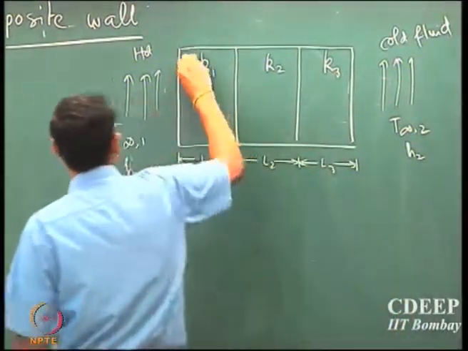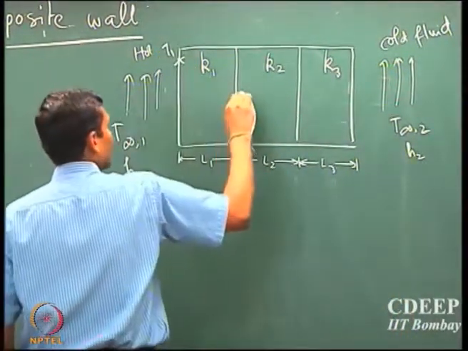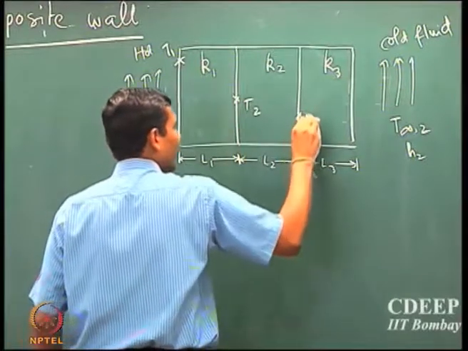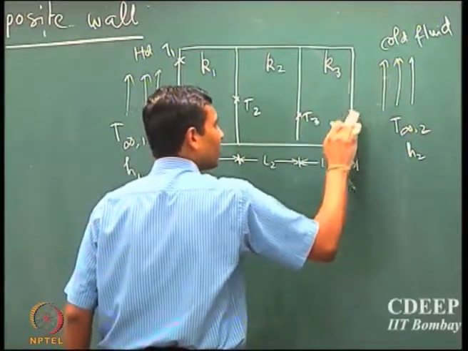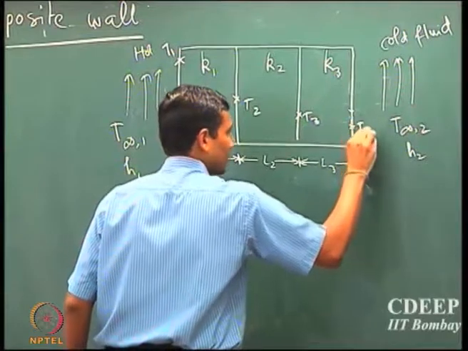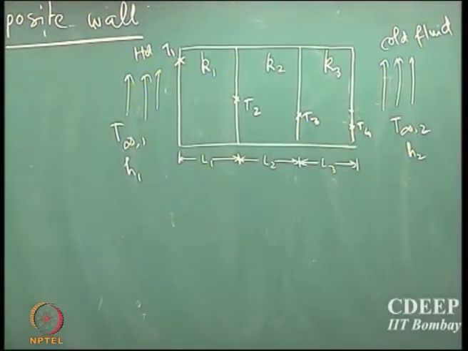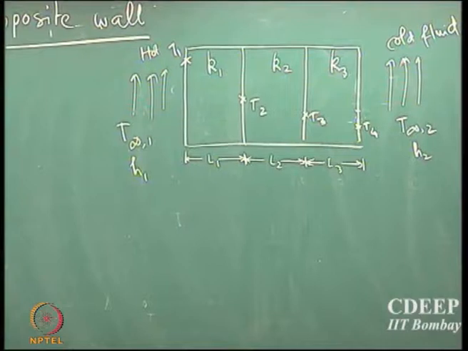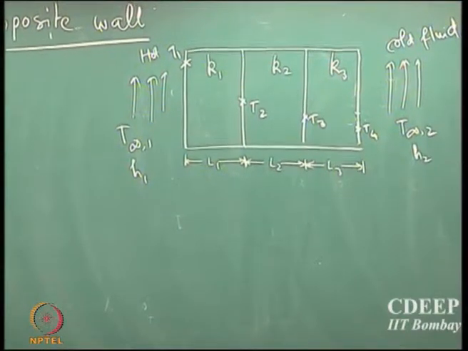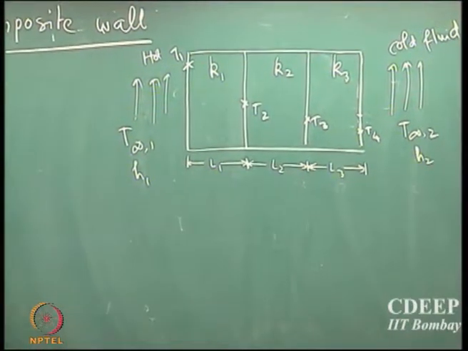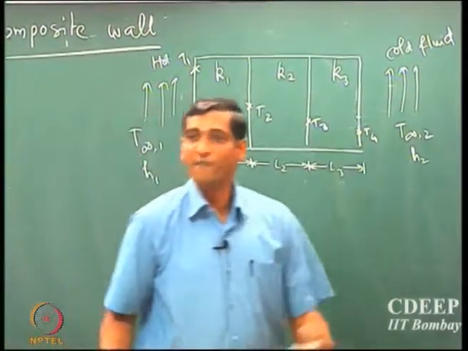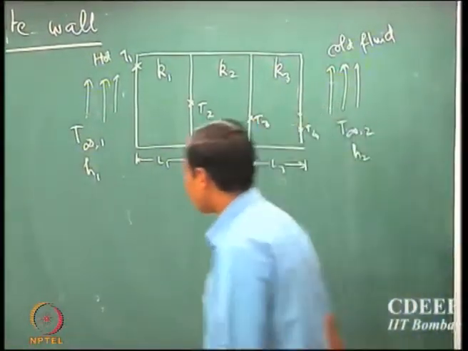I can now specify temperatures T1, T2, T3 and T4. So I can easily read out and draw the resistance network with really minimal effort. How many resistances are there? 5, right? So we have 5 resistances.